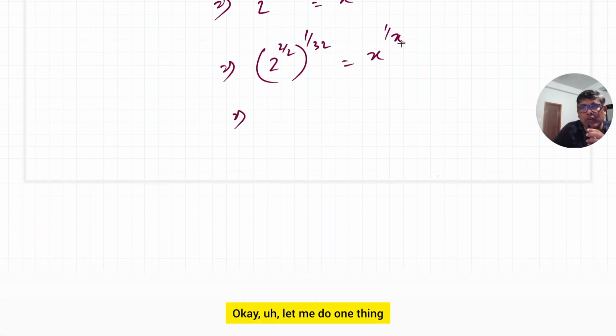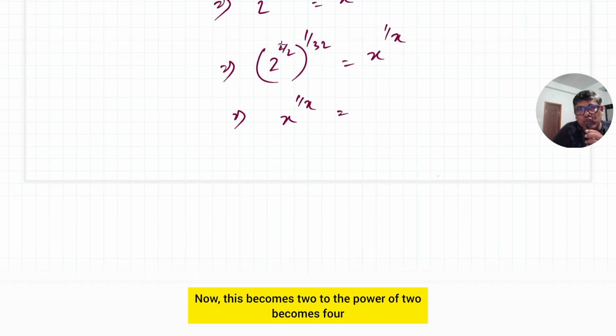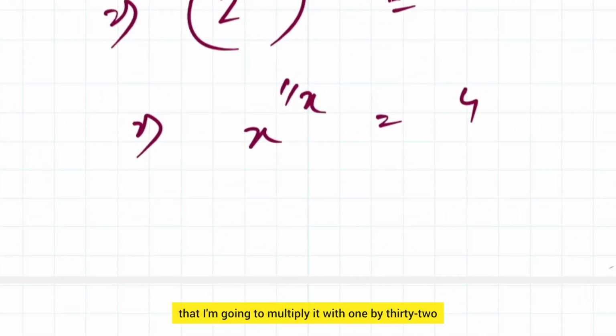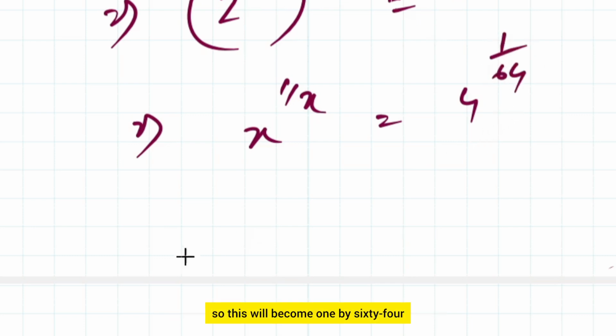Let me write this x to the power of 1 by x on the left hand side. x to the power of 1 by x is equal to, now 2 to the power of 2 becomes 4, and 4 to the power half, I am going to multiply it with 1 by 32. So this will become 1 by 64.